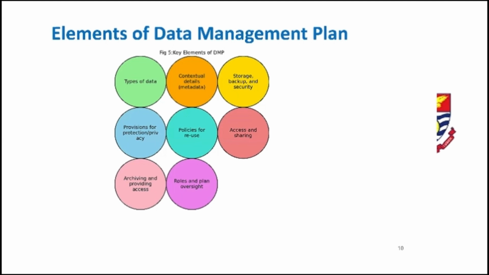I have to add that in each of these elements, you must plug in the STP guiding post. I know you have forgotten about the STP guiding post, but the guiding post has to do with strategies, tools, and people. And this is very important when it comes to data management planning.